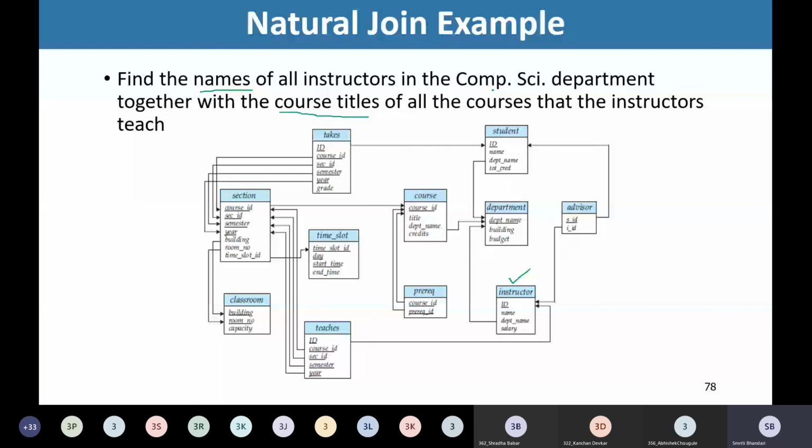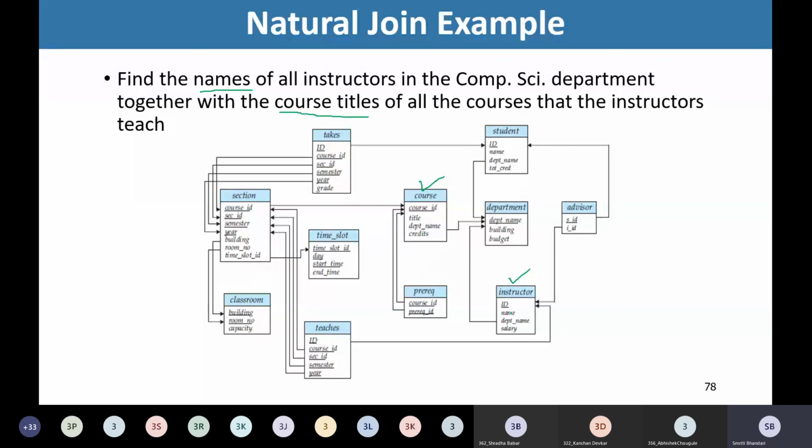So we need to make use of this table. Department name is also available in the instructor table, so no worries. We want to list out the course title. Where is the course title available? Course table. So we need to make use of this.